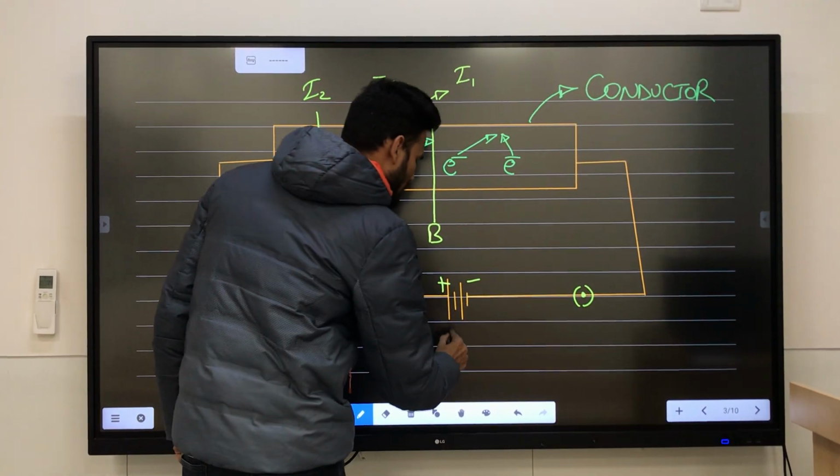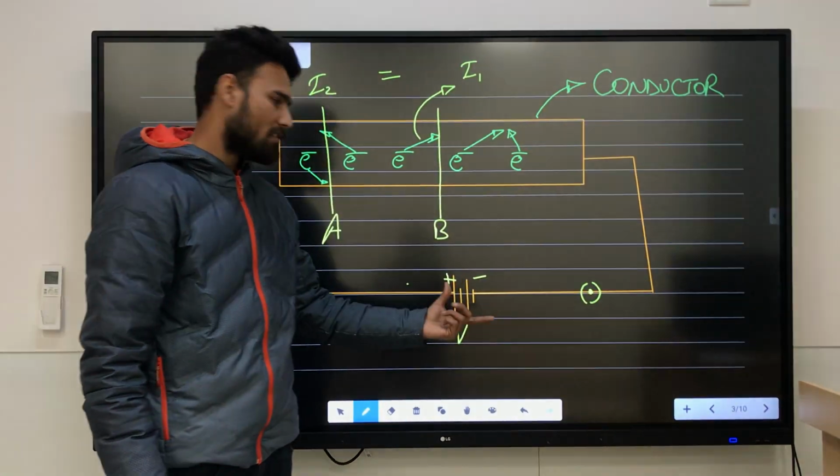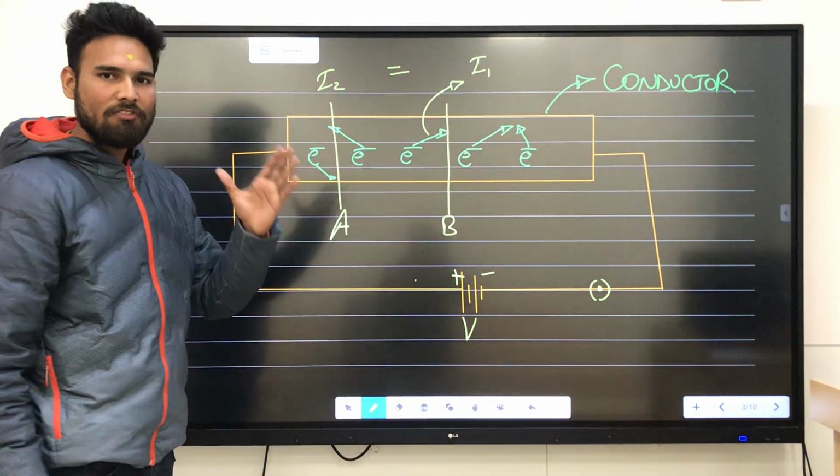The potential difference of the battery is V. We will discuss what the potential difference is, but currently we want to know the direction of current.